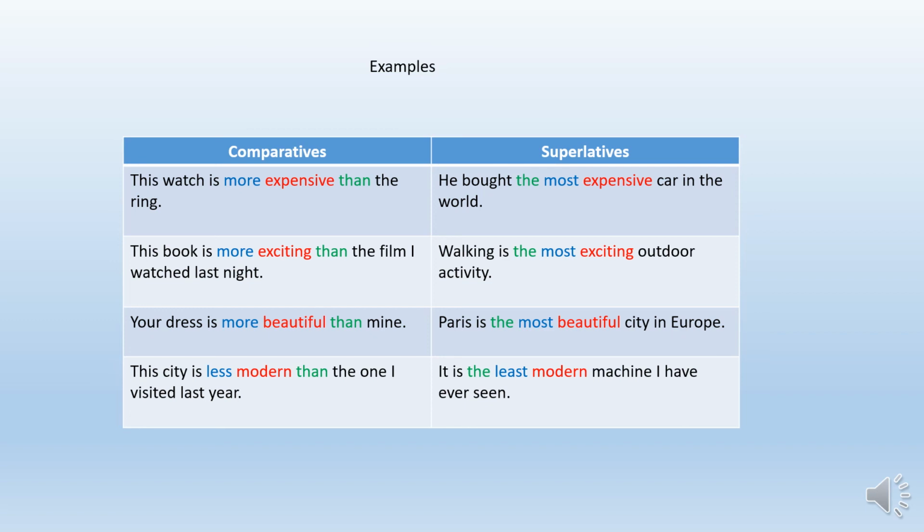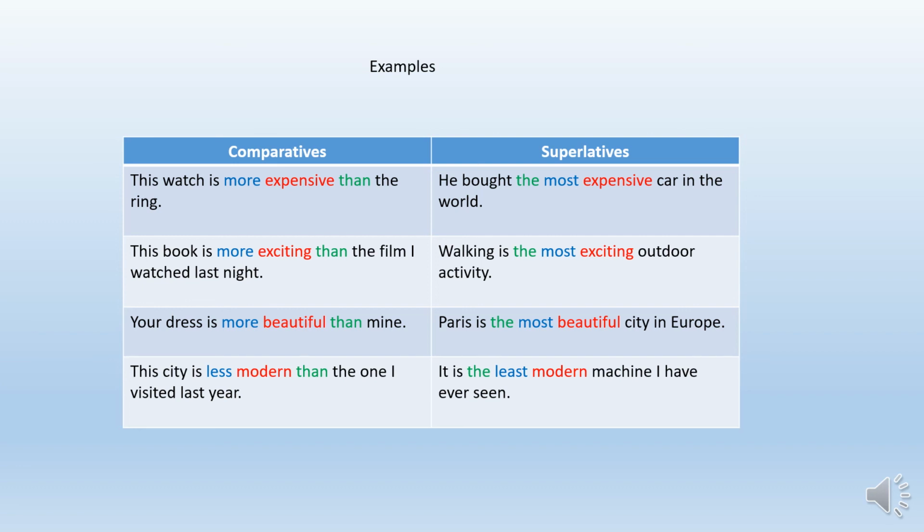So we have the plus most plus expensive to form the superlative. The second example, this book is more exciting than the film I watched last night. So more plus exciting plus than. Walking is the most exciting outdoor activity. Again, the same idea. We have the plus most plus exciting.